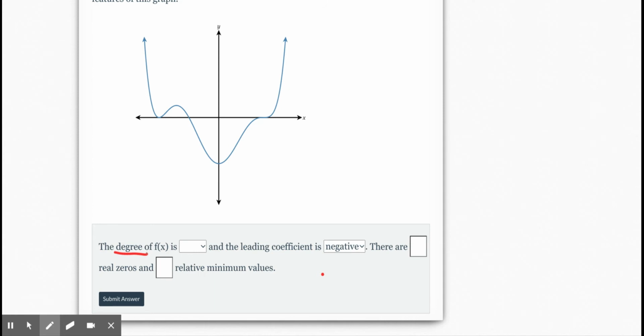We're also asked to determine if the leading coefficient is positive or negative, how many real zeros there are, and then a series of questions about some new stuff, and that is minimum values, that is relative minimum values, or relative maximum values, or just relative extreme values. So let's tackle these one by one.